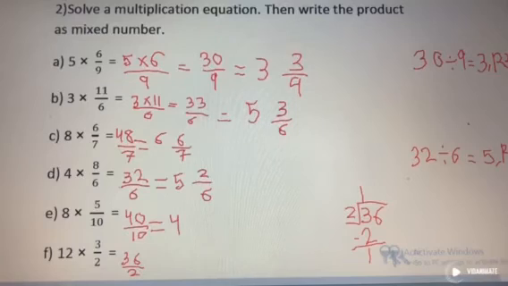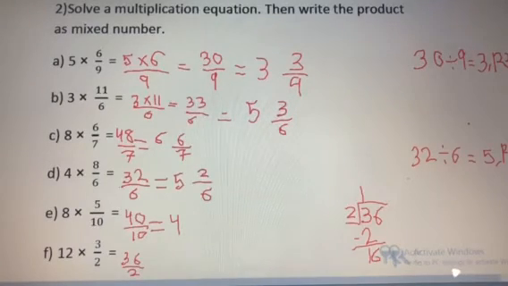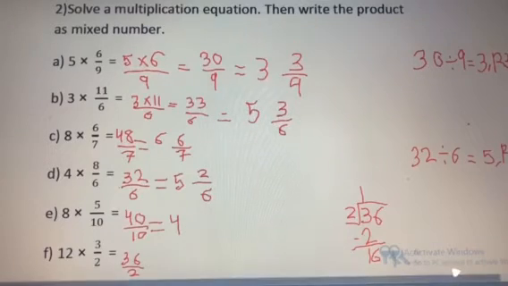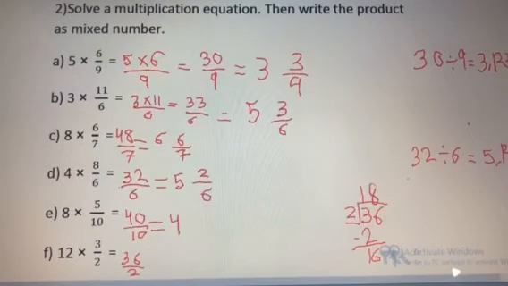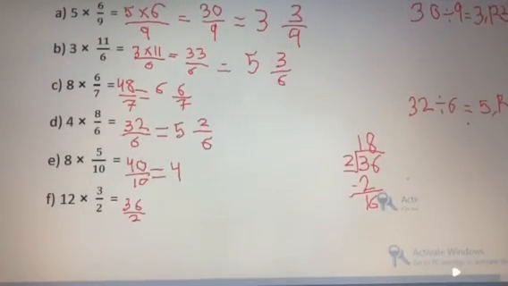I will take the 6 down. Which number do I multiply by 2 to get 16? Yes, 8. 8 multiply 2 equals 16.